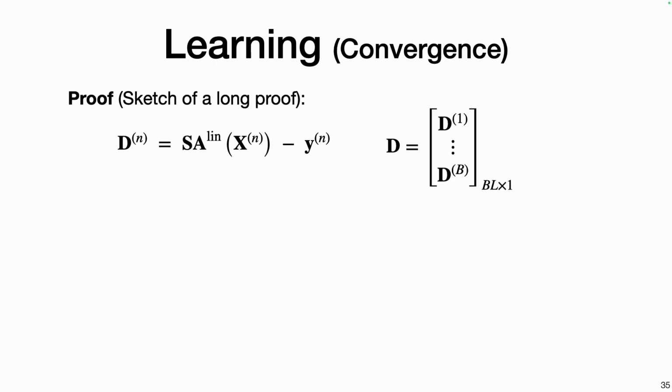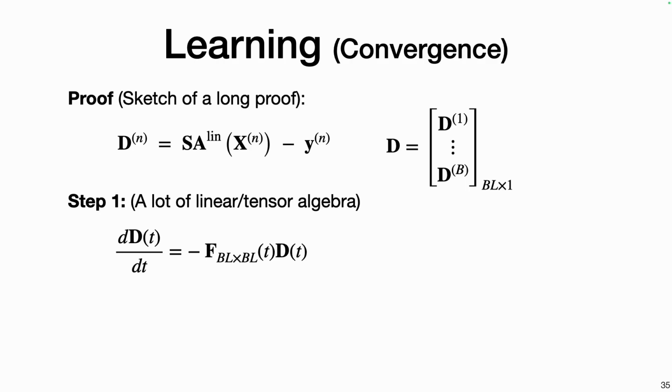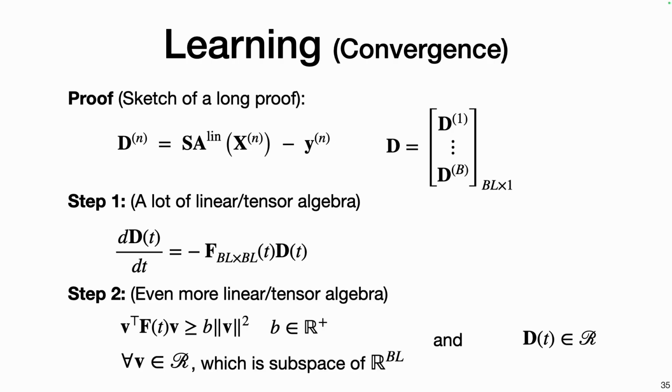And here's a brief sketch of a very long proof. We simply define d of n vectors as the difference between the self-attention prediction and the labels. Then we stack all these d of n's and define a large d vector. Then with some linear algebra, we showed that the time derivative of this d vector is equal to minus an f matrix times the d vector itself.